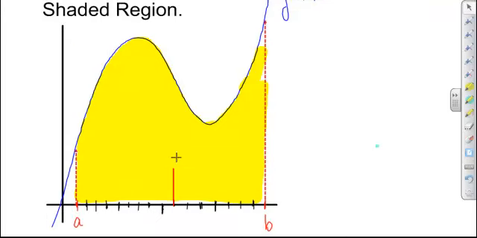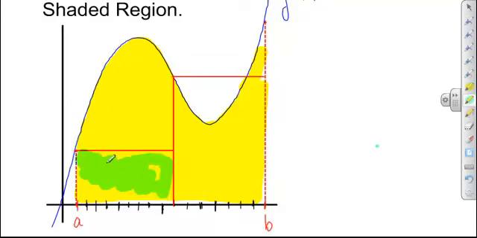So let's say this is about halfway between A and B. So if I split that up into 2 sections and I draw a rectangle, we've got one rectangle there, and there we go. And here's the highlighter. So here's the second rectangle.